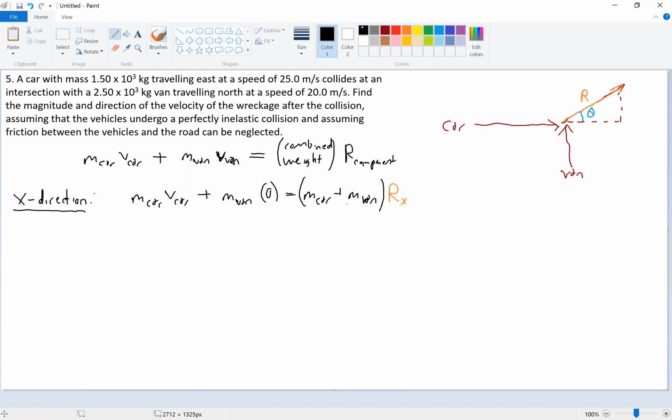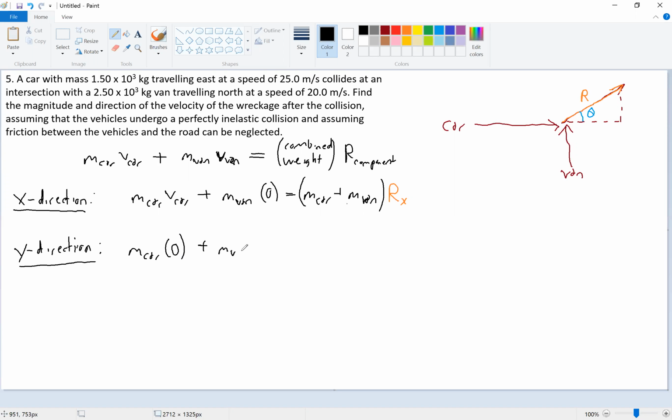Now we need to consider the Y direction, which is very similar. The car is not doing anything in the Y direction. It's staying constantly in the same Y position. So we would multiply mass of the car times the velocity of the car in the Y direction, which is 0. So again, that cancels out.